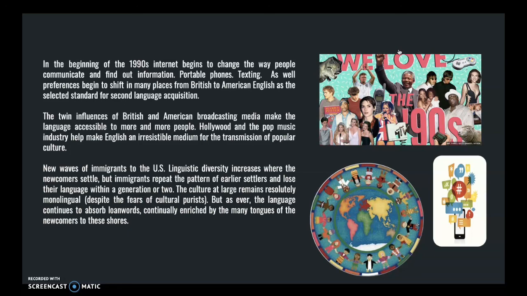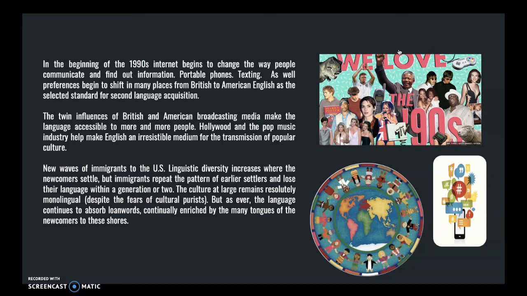The culture at large remains relatively monolingual, but as ever, the language continues to absorb loan words, constantly enriched by the many tongues of the newcomers to these shores. An example here could be the Spanglish that is used on the border between Mexico and the United States. Many words are borrowed from Spanish, and they're used in an English context.